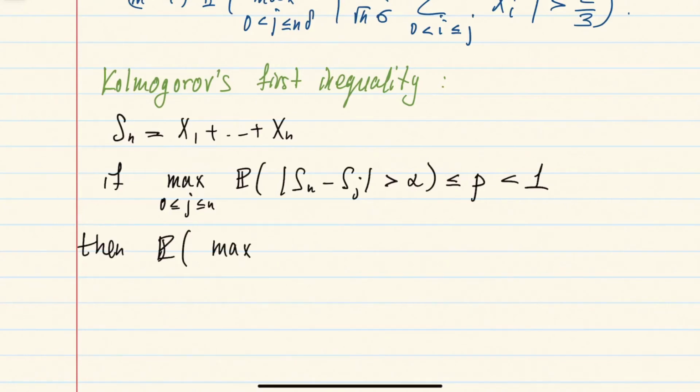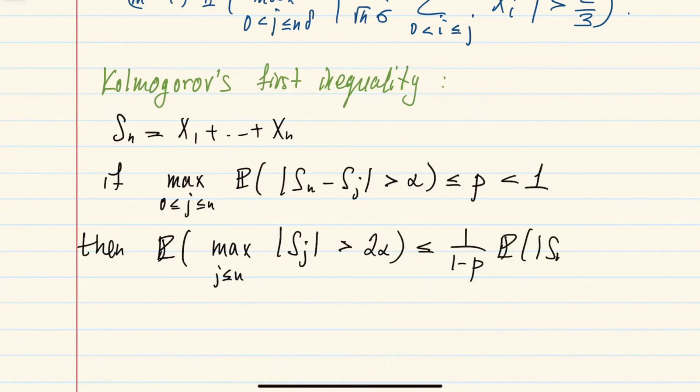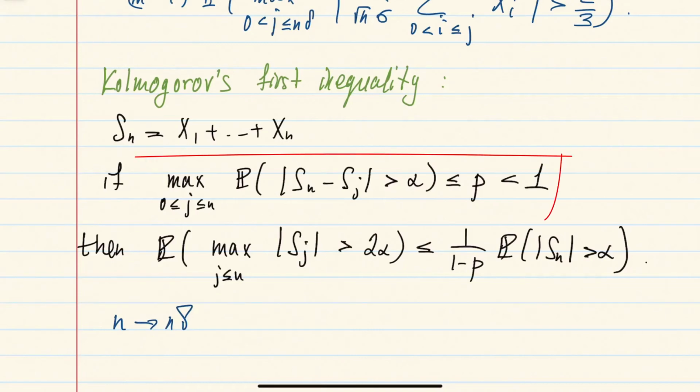The probability that the maximum over all j up to n of the partial sum Sj exceeds 2 alpha can be bounded by 1 over 1 minus p times the probability that the last sum Sn exceeds alpha. In our case, we are summing up to n delta, so the role of n will be played by n delta. To check the first condition, we are just going to use Chebyshev's inequality.